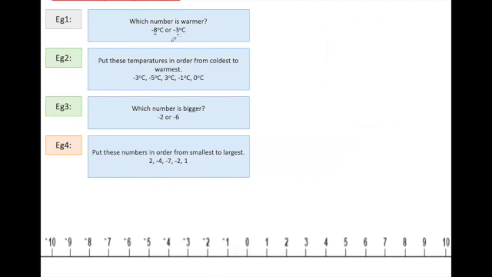Choose the number without the sign and select the number which is small. Smaller number will have higher value. So here 3 is smaller, so its value is higher. So we can say -3 degrees Celsius is warmer. Warmer means highest from the given numbers. So we have -3, -8, so -3 is warmer.